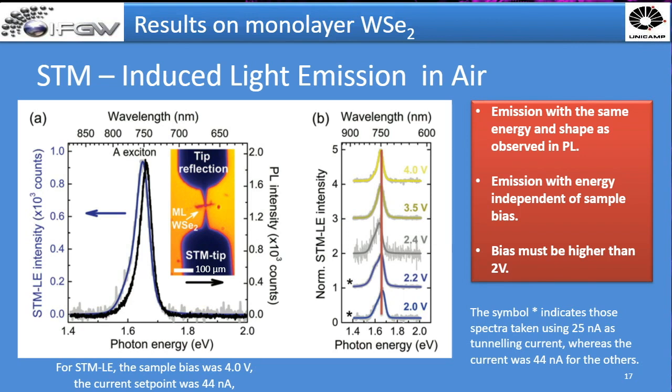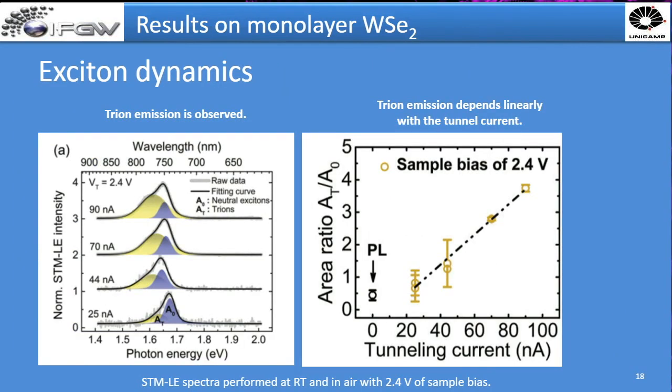And there's another aspect that was interesting to be observed in this system, is that we could study a little bit of the dynamics, because if you have very low current, like in this case, the luminescence spectrum is very similar to the one we observed in photoluminescence.